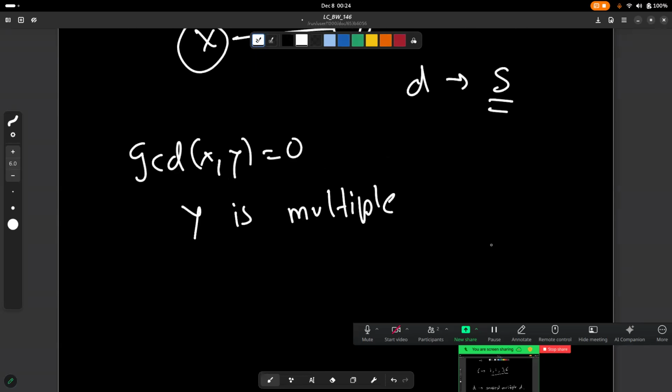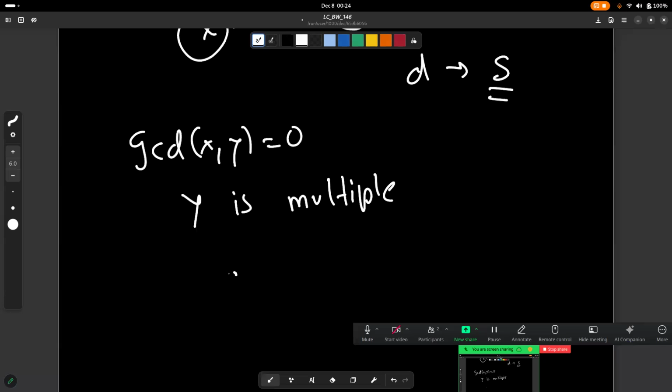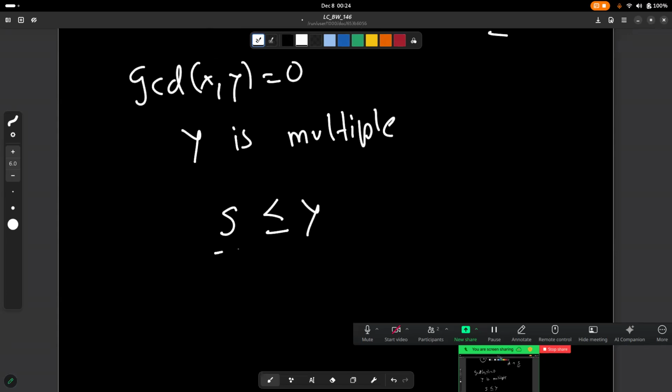What will that imply? Well, that implies that this Y is greater than or equal to this S.